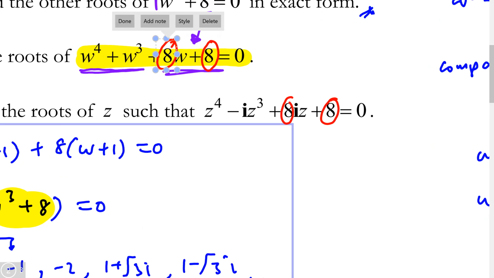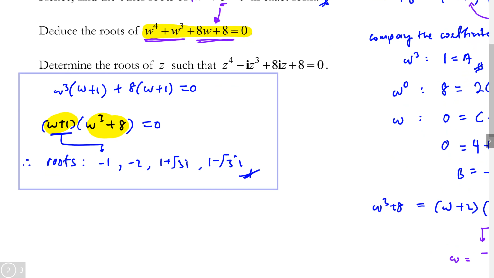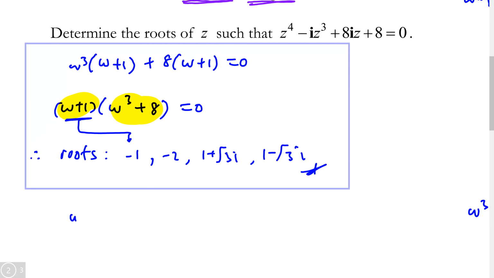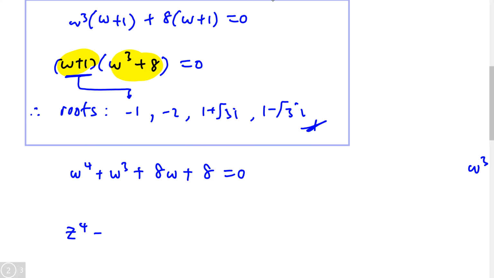So this is basically by substitution. I'm going to write the two expressions out first. The previous expression is w to the 4 plus w cubed plus 8w plus 8 equals 0, and the other one would be z to the 4 minus iz cubed plus 8iz plus 8 equals 0.